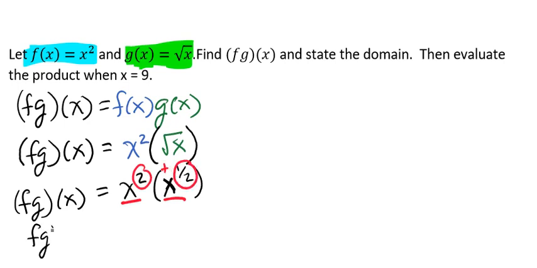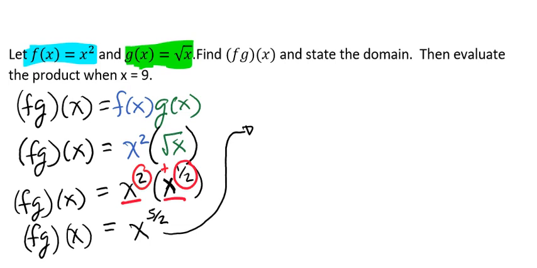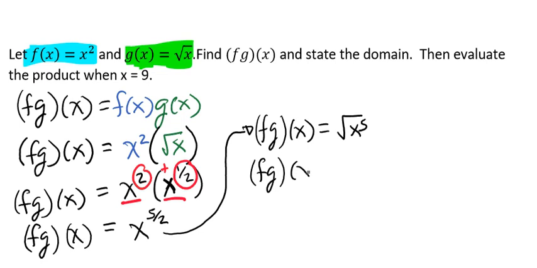So we'll have the product of f and g of x equals x to the 5/2 power, which we can then write as the square root of x to the 5th.